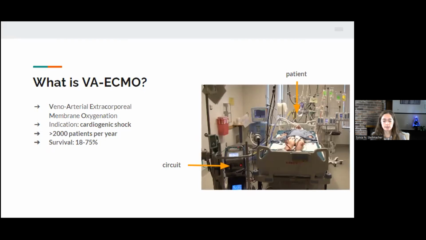But this also is in the setting of being selective in the patients that we are picking for VA-ECMO. The Extracorporeal Life Support Organization is an international organization that overall keeps track of how patients do on VA-ECMO and has the best data following ECMO patients.